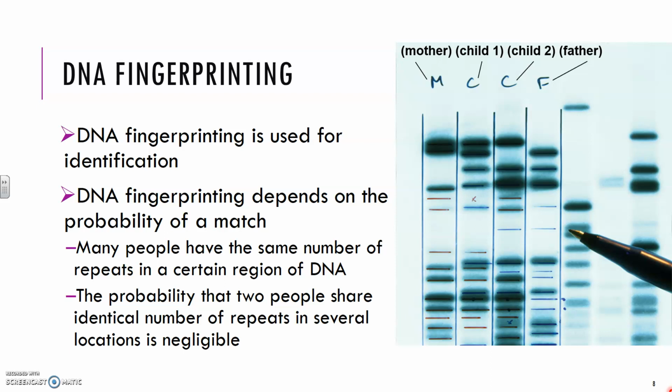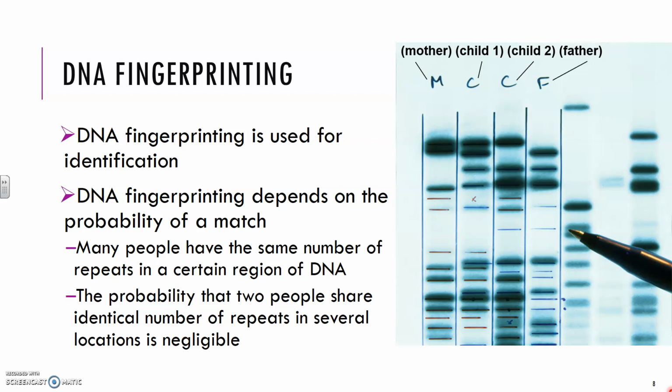In fact, in order to prove identity in a court case, they actually have to get it so that the probability is basically only 1 person in everyone who lives on Earth. Okay? So 1 person in 7 or 8 billion, right?